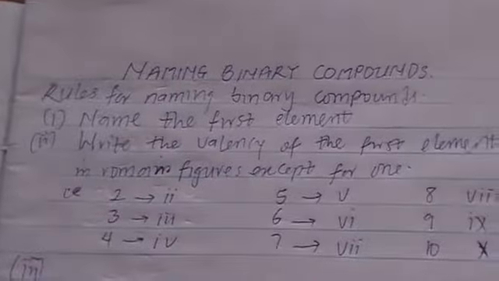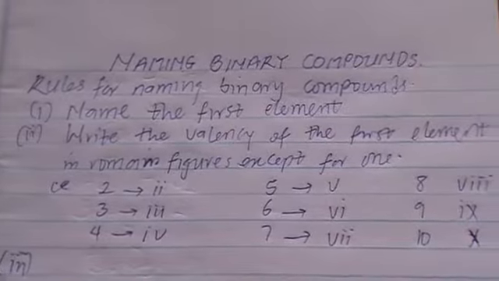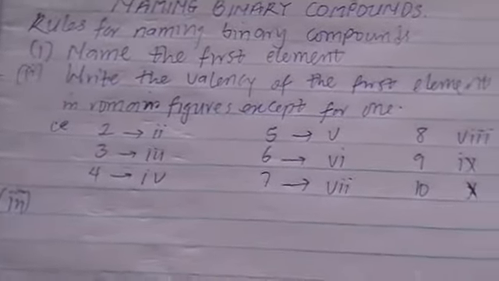The rules for naming binary compounds: the first one is name the first element, write the valence of the first element in Roman figure except for 1, which has been written below. And then the third rule is change the name of the second element.